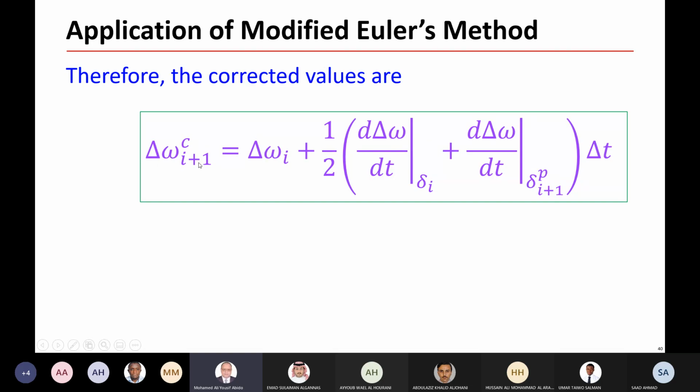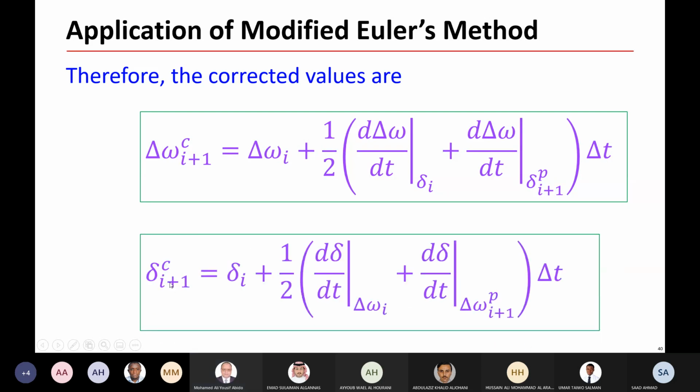Delta omega corrected at step i plus 1 equals delta omega i plus 1/2 of the average slope times delta t, and also delta at step i plus 1 equals delta i plus 1/2 of the average slope multiplied by delta t.